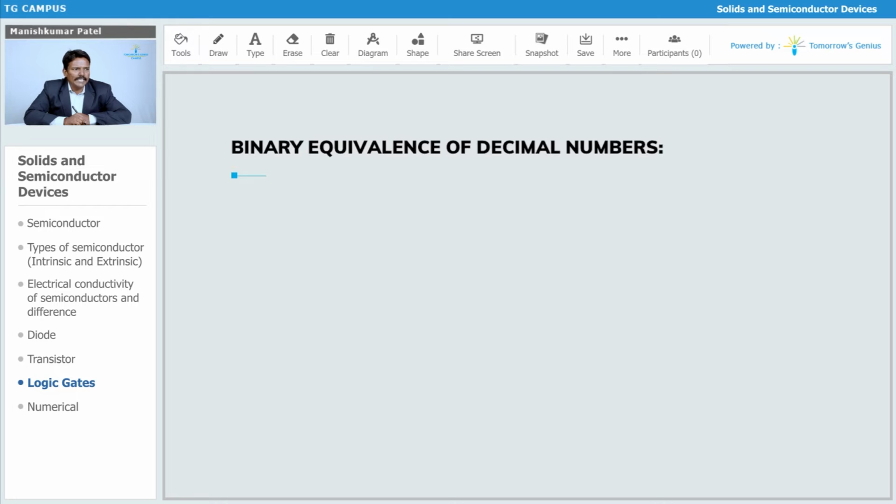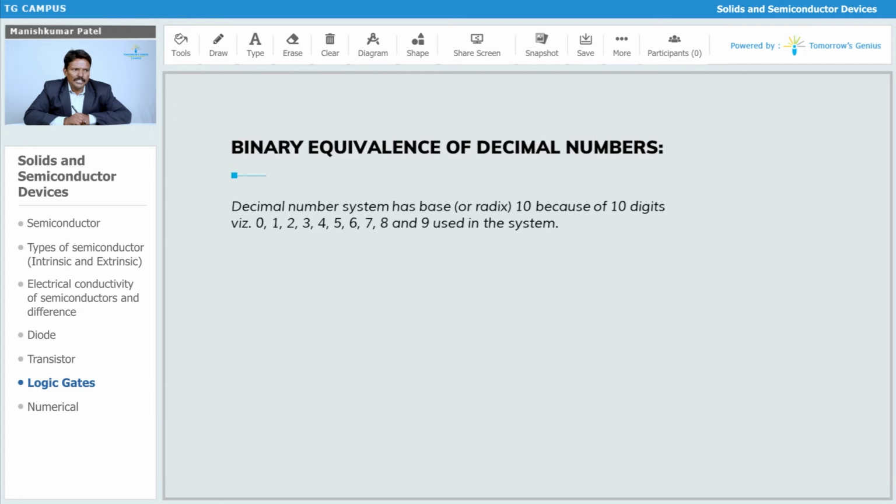What is the binary equivalent of a decimal number? The decimal number system has base 10 because 10 digits, 0 to 9, are used. In the binary system it has only base 2, so you represent using 0 and 1.